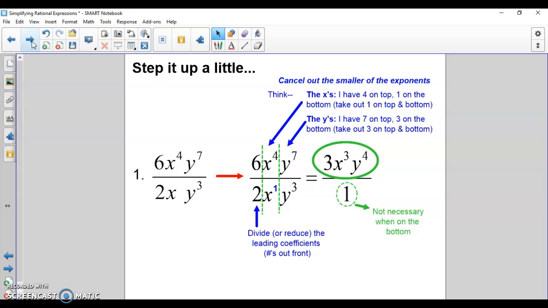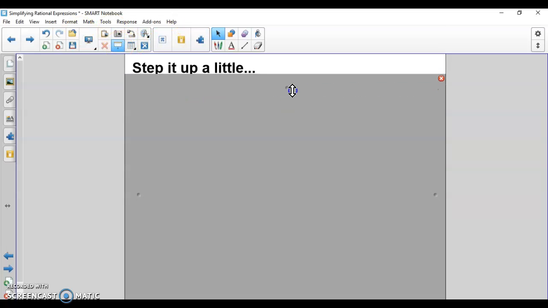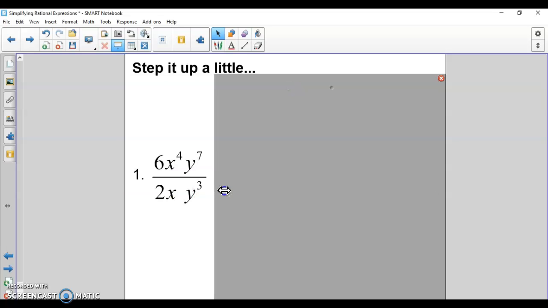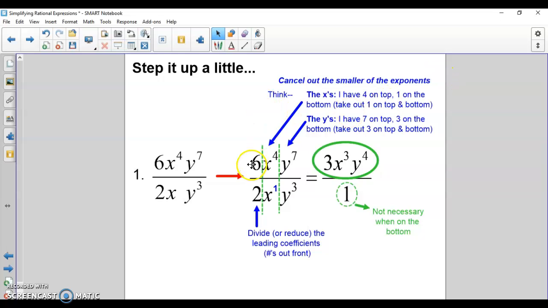Let's step it up a little. So if we had this fraction initially, what I do is I go ahead and I split it up. Whether you put the dotted lines there or not, that's up to you. 6 over 2, I divide or reduce the leading coefficients, the numbers out front. 6 divided by 2 is 3. I cancel out the smaller of the exponents.